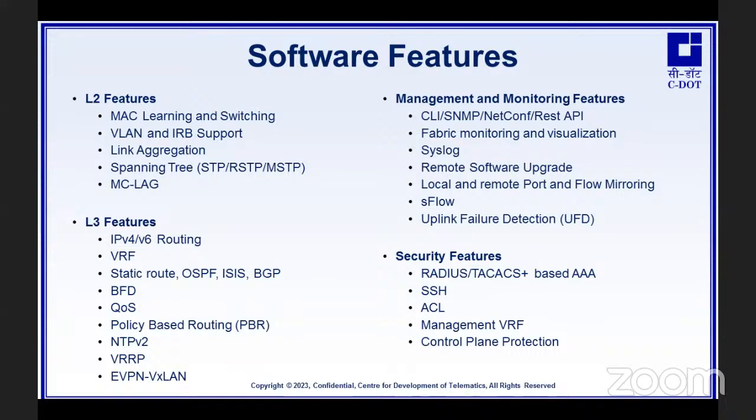Management VRF: as I have told, VRF is the separation at the L3 level. Whatever management ports we have belong to the management VRF, and data ports belong to different VRFs, so they have different routing tables. If there is a lot of load on the management port, the data ports won't be affected because they belong to different VRFs.